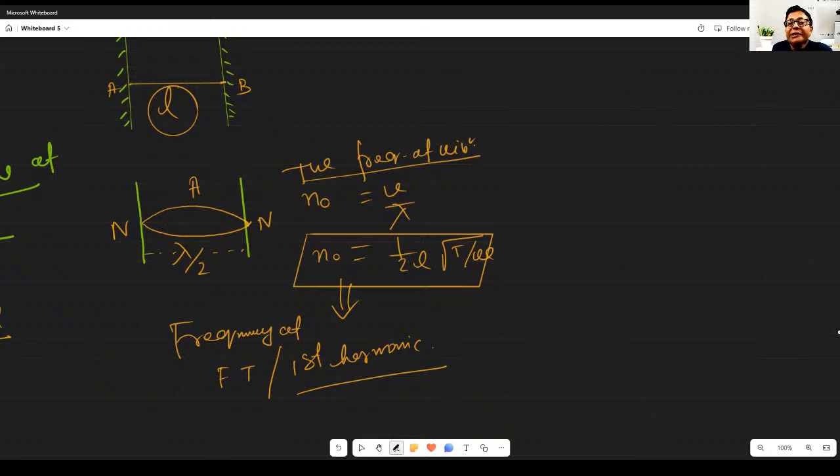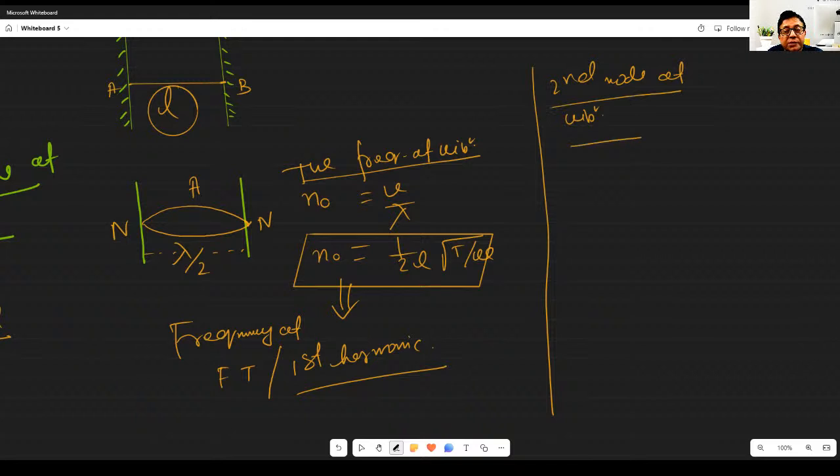Let us go for the second mode of vibration. What will happen there? Stuck at a distance 1/4 from the left end. People have seen this for a long time. Same rod I am taking here.